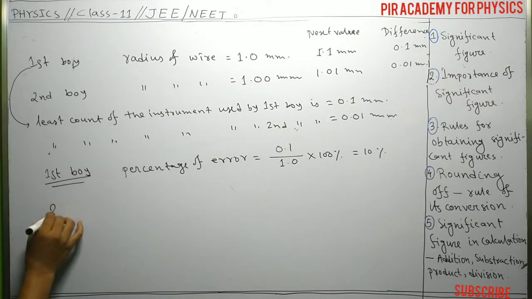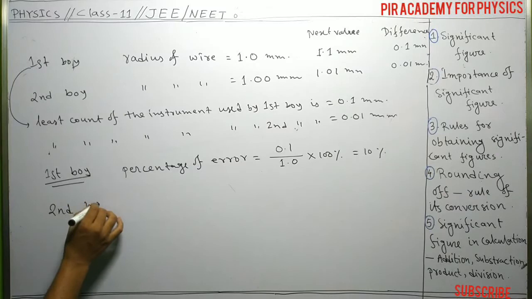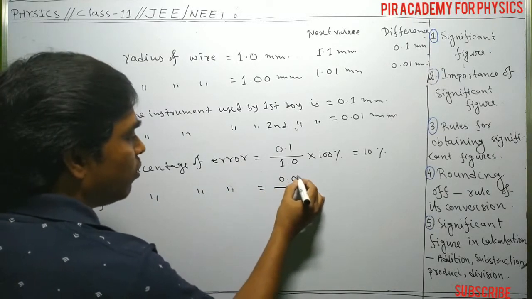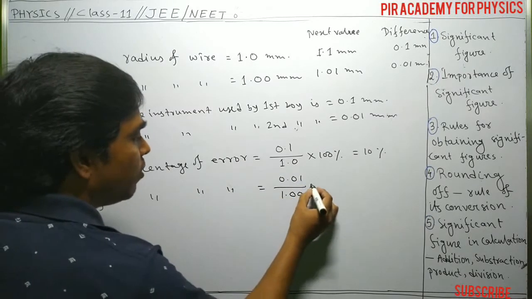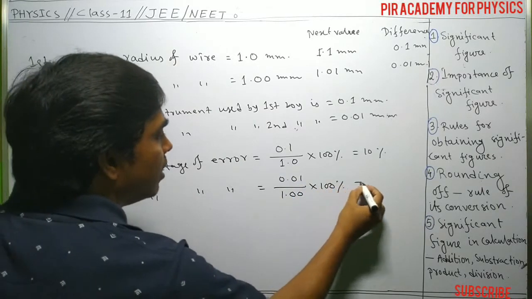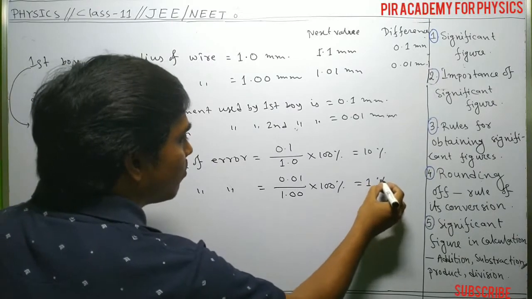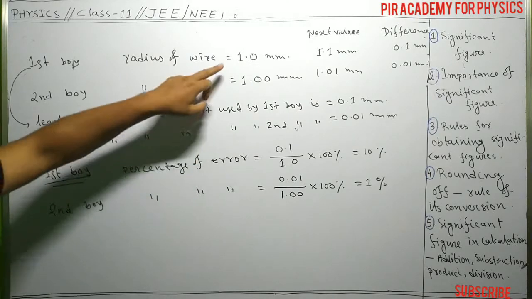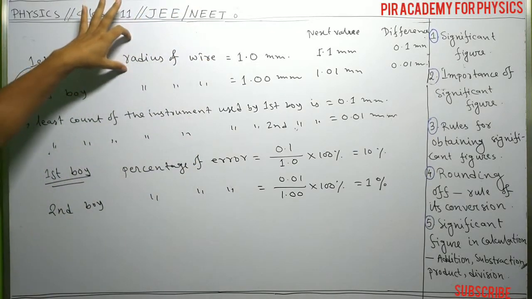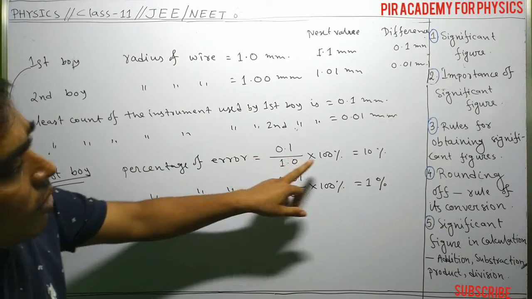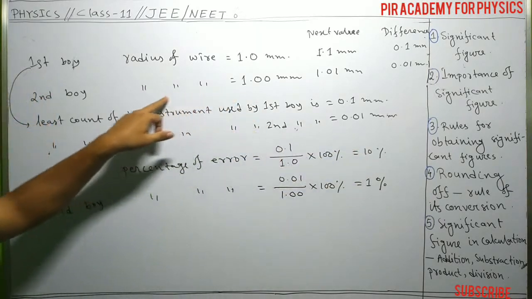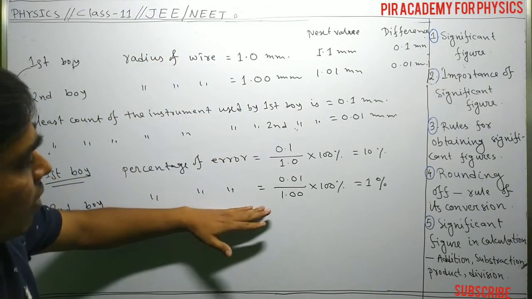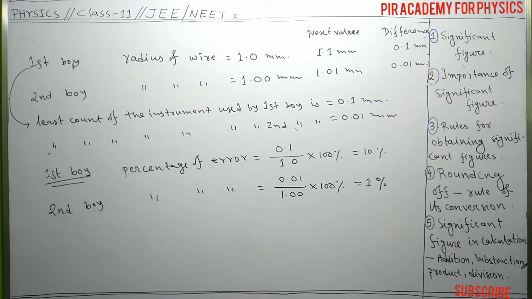For the second boy, the percentage of error is 0.01 divided by 1.00 times 100%, that will be 1%. You see the difference. The first boy's percentage of error is 10%, but for the second boy's measurement of the radius, the percentage of error is 1%.